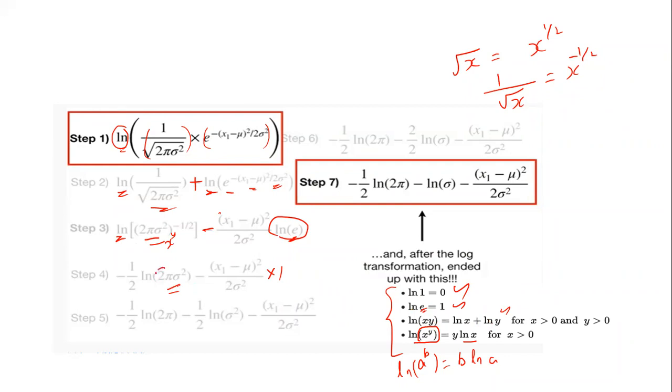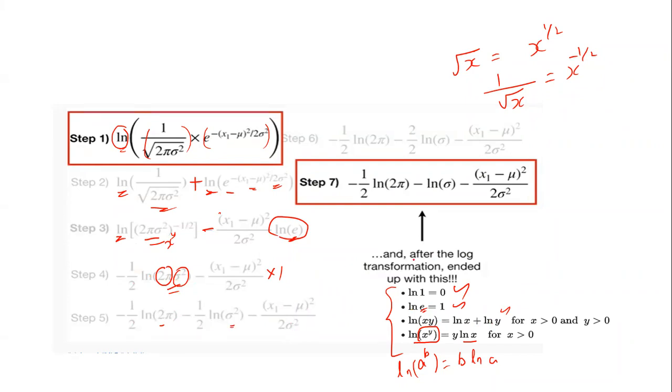So 2 pi we are taking as a separate term and sigma square we are taking as a separate term. So we can separate it out, right? So minus 1 by 2 log of 2 pi minus, basically it's plus, but there is a minus outside. So when you bring it inside, it will become minus 1 by 2 log of sigma square minus x1 minus mu the whole square divided by 2 sigma square.